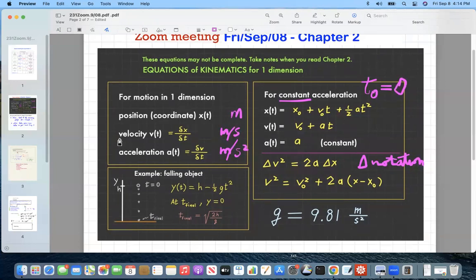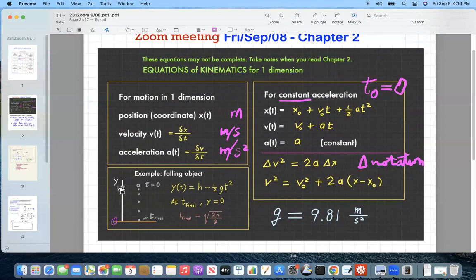A very good example of a case with constant acceleration is free fall in Earth's gravity. So here's the example, a falling object. In this case, the one dimension is vertical. So we could set up a number line from some ground level, that would be the origin, upward.